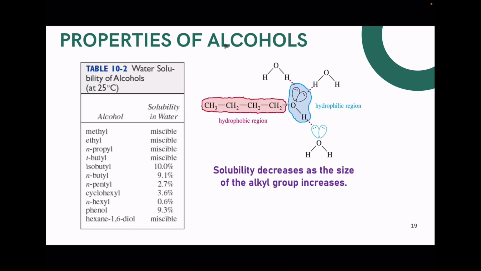And then, what is the effect of carbon chain length? As the carbon chain length increases, the hydrocarbon portion becomes more dominant. So the solubility of the alcohol will decrease. However, the boiling point of the compound increases due to the higher surface area.